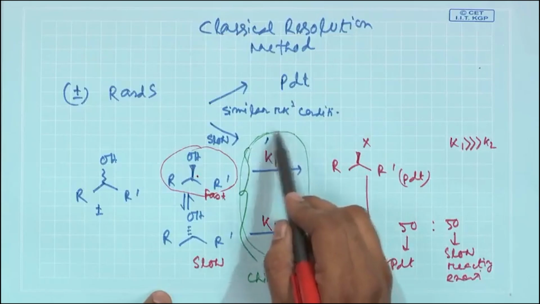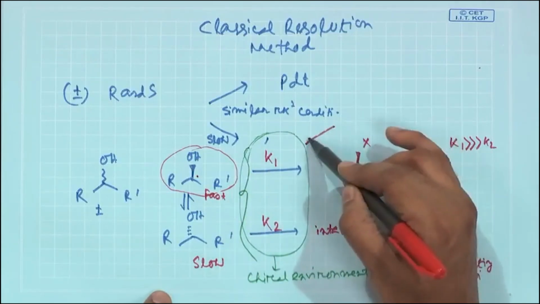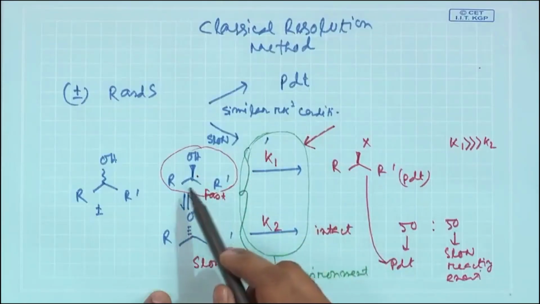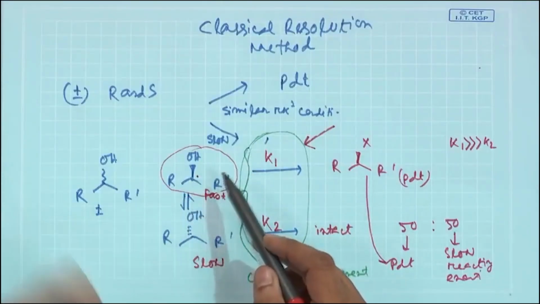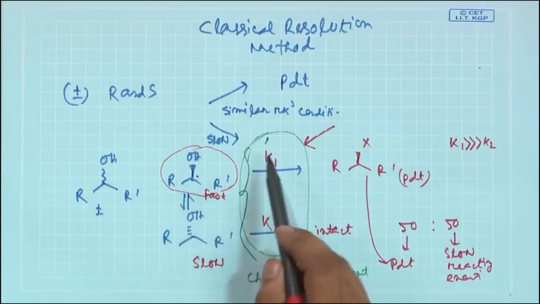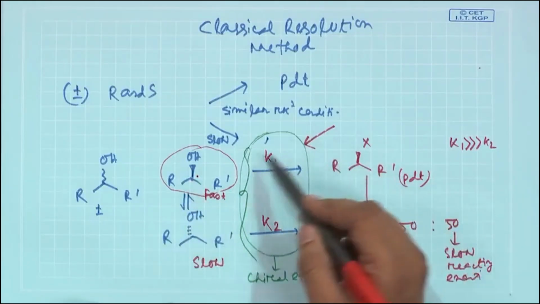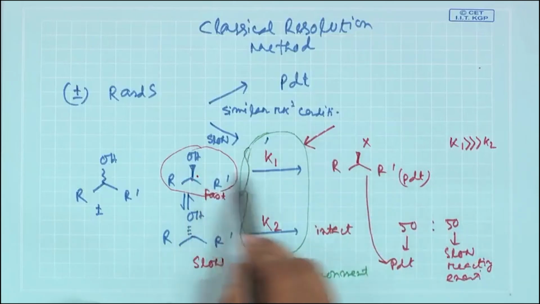So, the essential criterion is you have to fix a chiral atmosphere or chiral environment through which you have a kind of recognition, where one of the enantiomers is recognized or interacted with through some non-covalent or ionic interaction, or a small charge kind of interaction, so that one enantiomer effectively interacts with this chiral atmosphere and then it reacts.